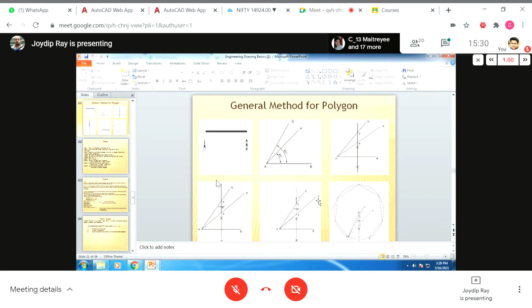This method is not so easy for the learner. They have to practice it and do it by themselves. So I don't want to take the two set square method in between. Regular heptagon in their sketchbook. Okay.